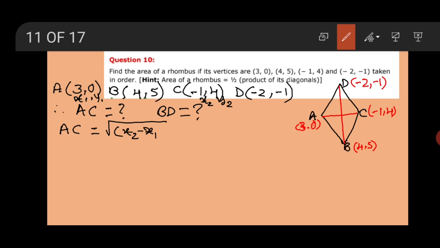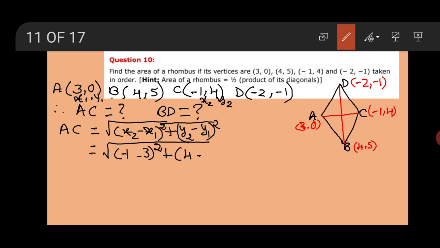Therefore distance AC is equal to square root of (x2 minus x1) whole square plus (y2 minus y1) whole square. Substitute the values. X2 is what? It is minus 1 minus x1, which is 3, whole square, plus y2, which is 4, minus y1, which is 0, whole square.